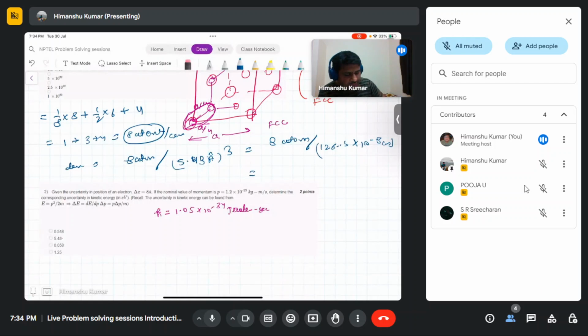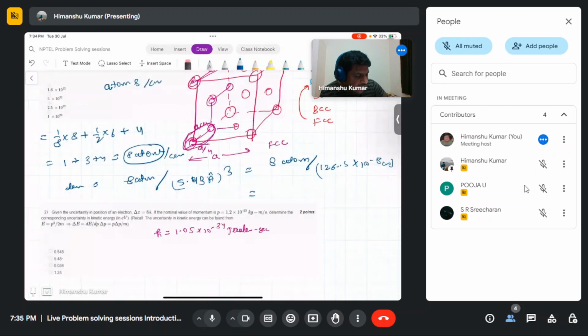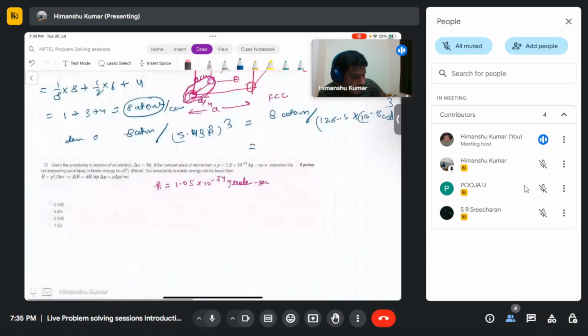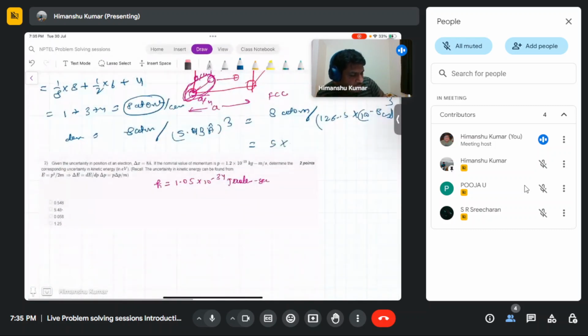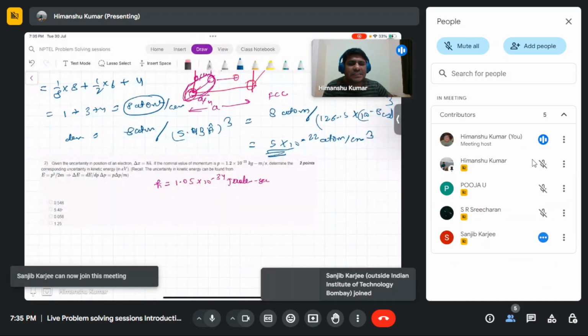If you calculate this by calculator, the number will come around 5 into 10 power 22 atoms per centimeter cube. So please keep in mind this number. You can compare it when we do the doping, to see what fraction of this we can achieve by doping.